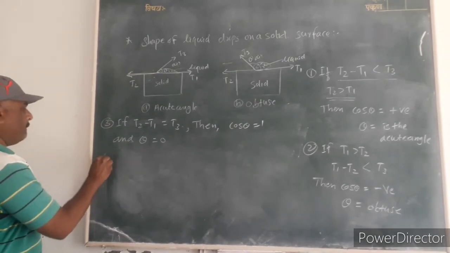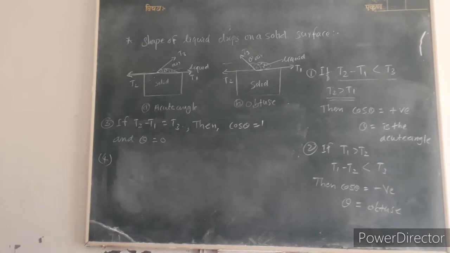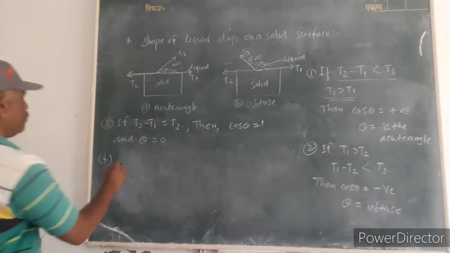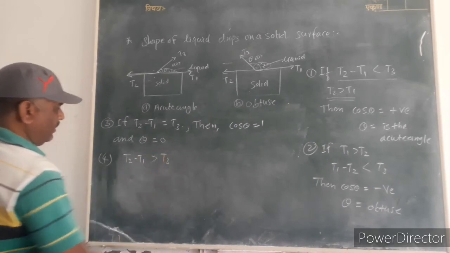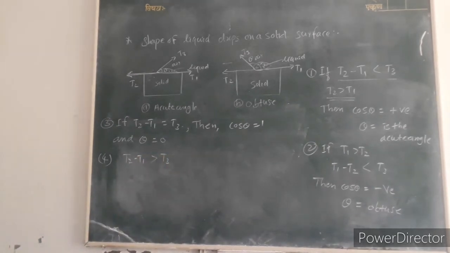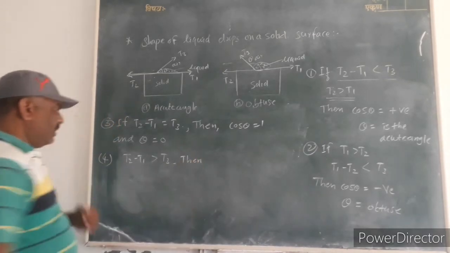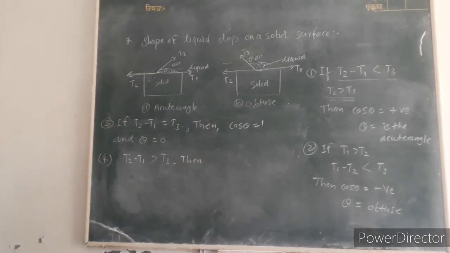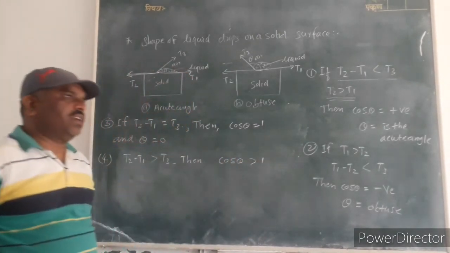And number 4, the last condition. If T2 minus T1 is greater than T3, then we observe cos theta is greater than 1.